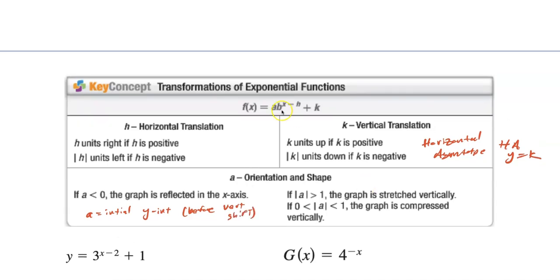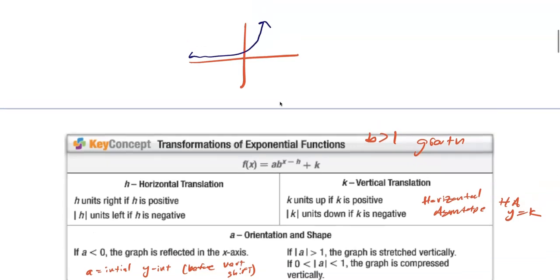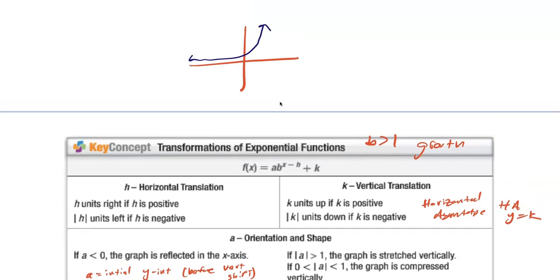So to recap, right? If we're doing a growth graph, that means our b is greater than 1. That's when it's a growth. Our graph should kind of look like this. Now a couple key points here, right? The asymptote is at y equals k. If you don't have a k, it's 0.